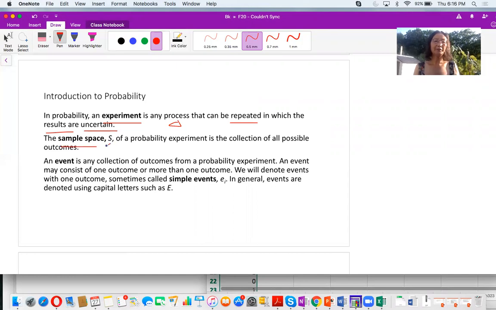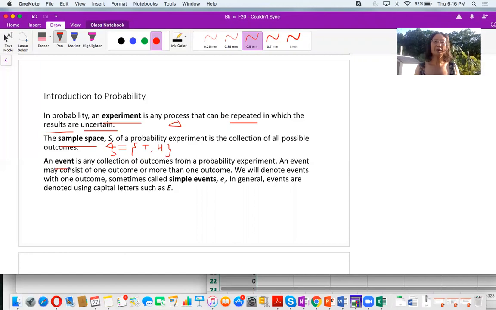The sample space, capital letter S, of a probability experiment is the collection of all possible outcomes. In our example, flipping a coin, in the sample space S we either get a tail or we get a head. That is my sample space.